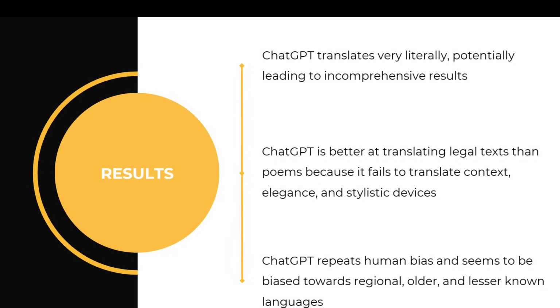ChatGPT also repeats human biases and seems to be biased towards regional, older, and lesser-known languages. We could see this with the Flemish Dutch translation, where ChatGPT gave us just, again, the Dutch translation. But what do these results add up to regarding our research question?